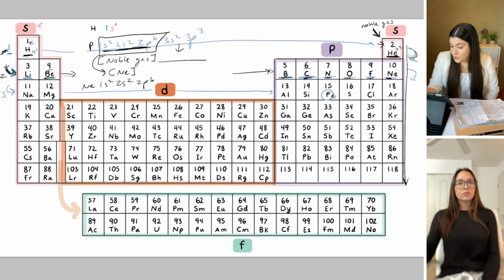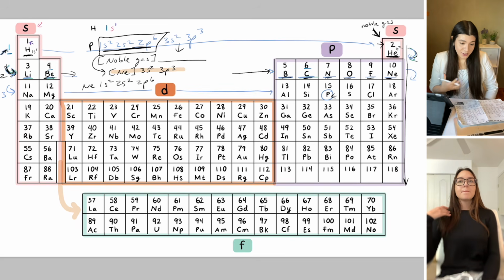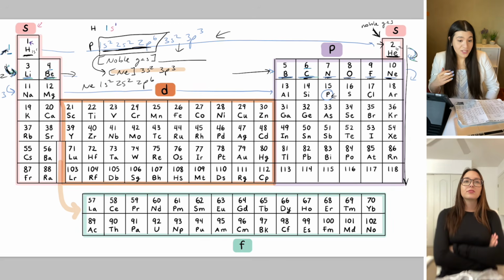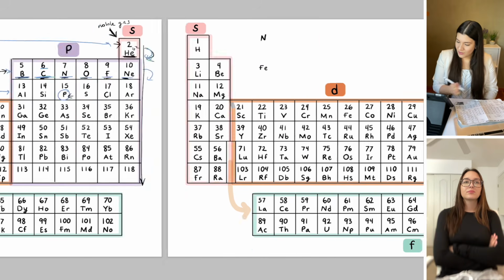The remaining portion would have been 3s2, 3p3. So this is the condensed electron configuration. The top part is the full electron configuration. Yeah, that's nice. Okay, cool.